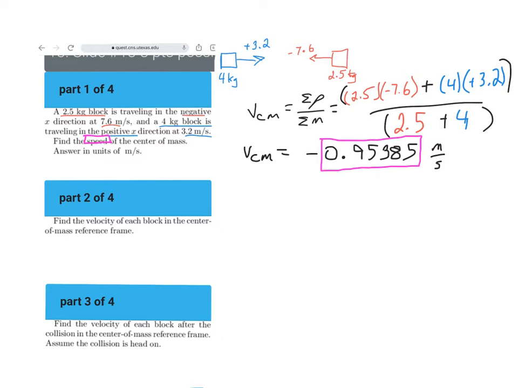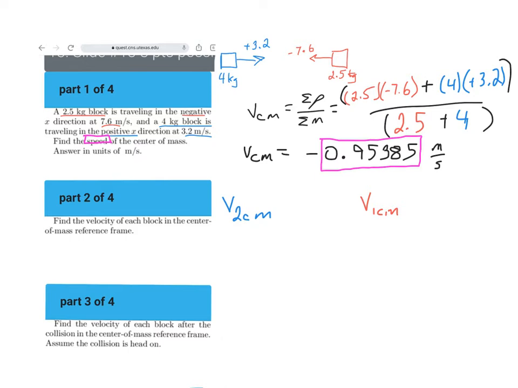All right, moving on to part 2. We're going to find the velocity of each block from the frame of reference of the center of mass. If you recall, this is V2 cm, and in red, that's V1 cm. The equation to accomplish this was really simple.